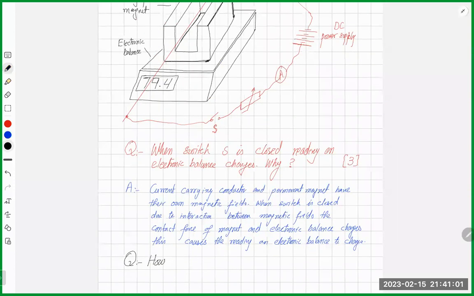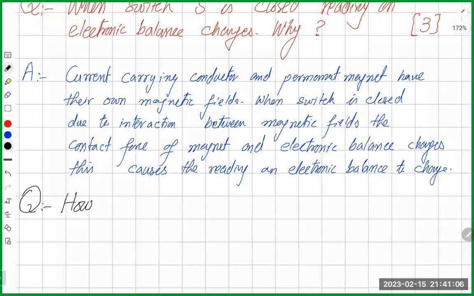You did not mention how the force between the conductor and the magnet will cause the reading on the electronic balance to change. The reading will change because the contact force between the magnet and the electronic balance is supposed to change. That part was missing in your answer.